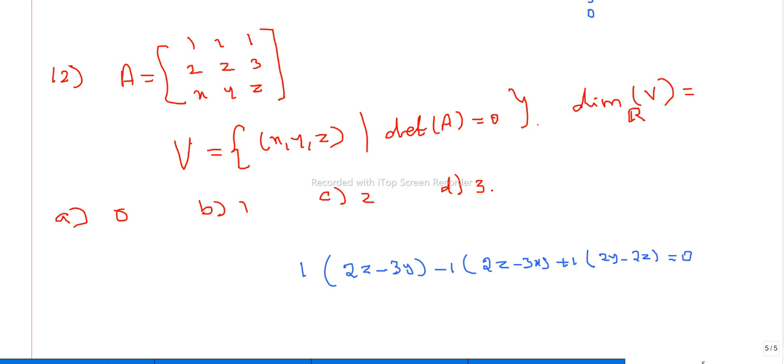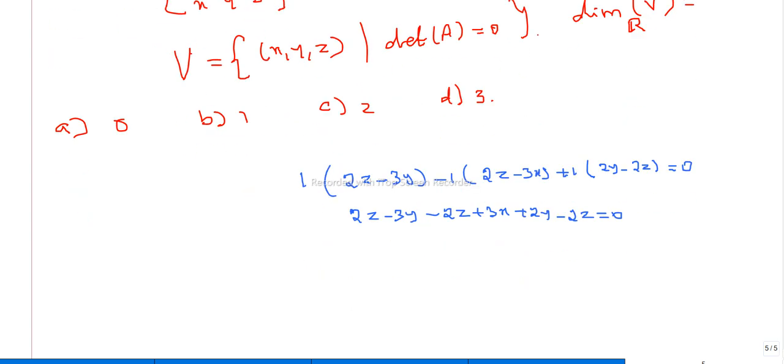So that is 2z minus 3y minus 2z plus 3x plus 2y minus 2z equal to 0. Now we can cancel this 2z minus 2z, the first term and the last term. And then what about the remaining thing? You can add these two, we have minus y.